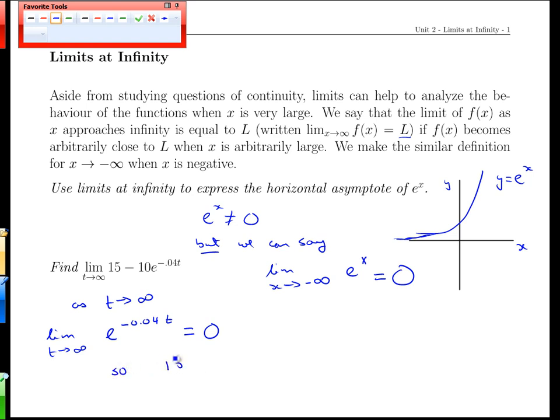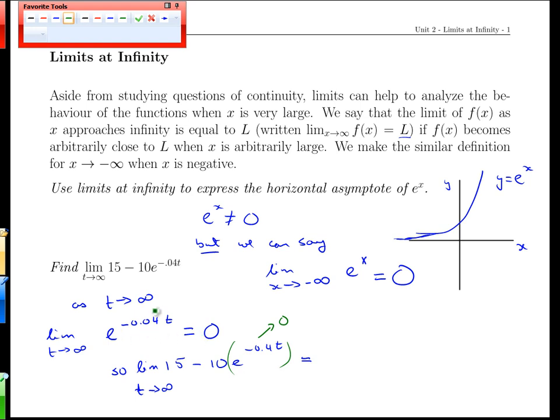And so our 15 minus 10 e to the minus 0.4 t, that's a perfectly nice function. And then we ask the perfectly reasonable question, what happens as t gets larger and larger and larger? What I'll usually do in notes is say, well, this part of the function here is heading towards 0.